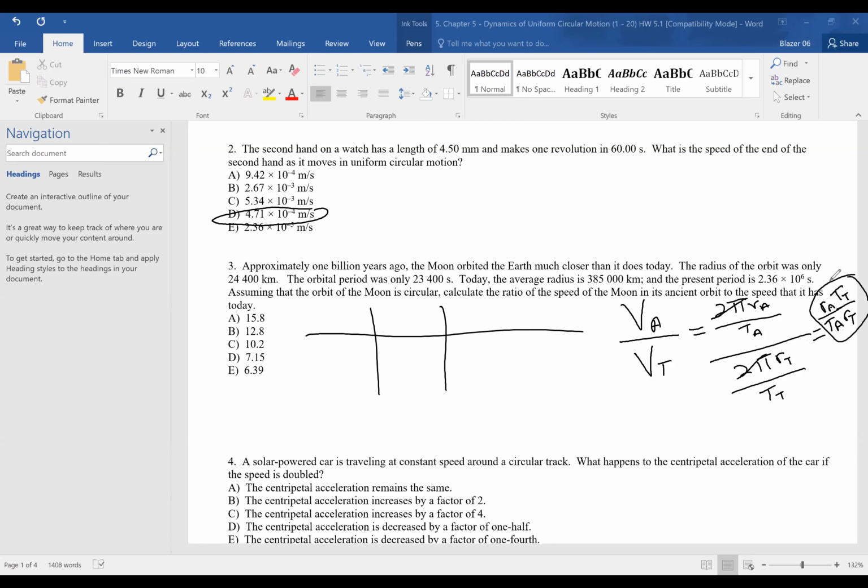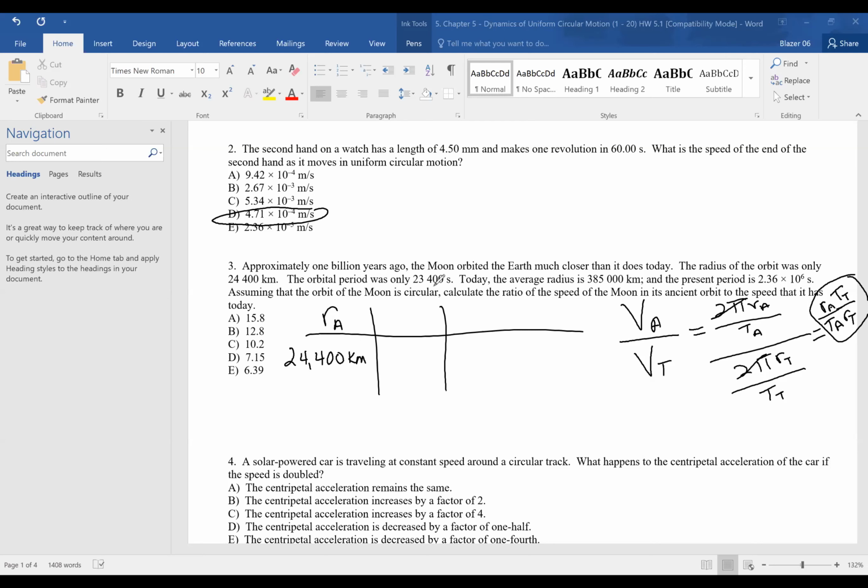So that's what we need to solve. Let's go over here and write these numbers down. The radius of the orbit was only, so that's the radius ancient, and it was 2,4,4,0,0 kilometers.